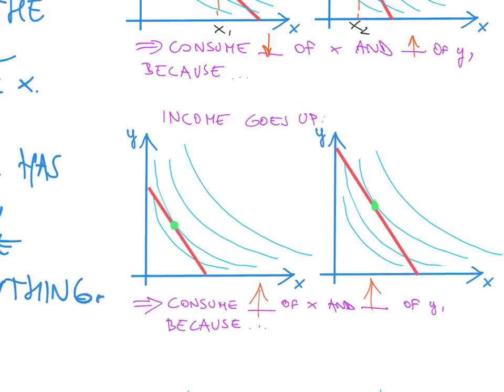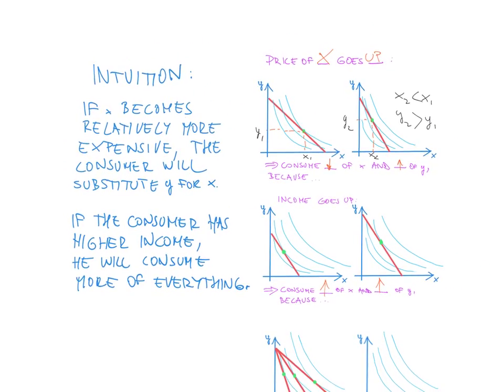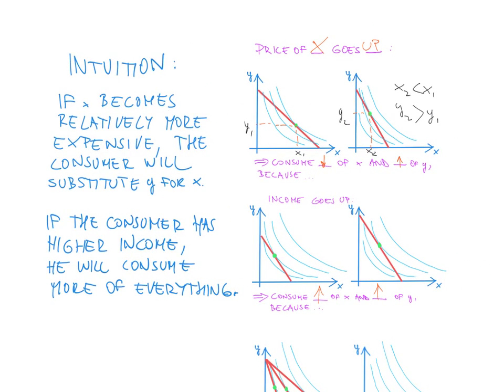So maybe you can say that for both of these explanations, actually. The intuitive explanation we came up with, and Kazuma, you pretty much started us off on this right away, is essentially: if the price of X goes up, X becomes relatively more expensive, and the consumer will substitute Y for X, because Y is relatively cheaper and the opportunity cost of X is higher.